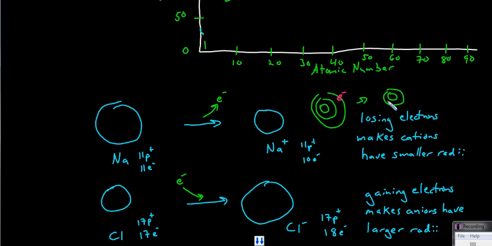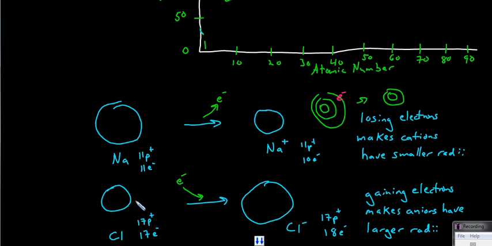Filling fewer principal energy levels and having fewer electrons repelling each other, they're going to be more contracted in towards the nucleus, and therefore this sodium cation is going to be a lot smaller in radius than the original atom. Yes, losing electrons makes cations, and cations have smaller radii than the original atoms.